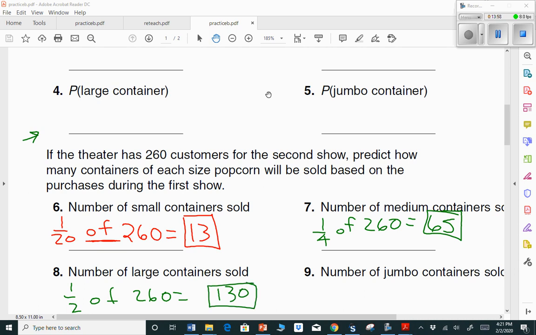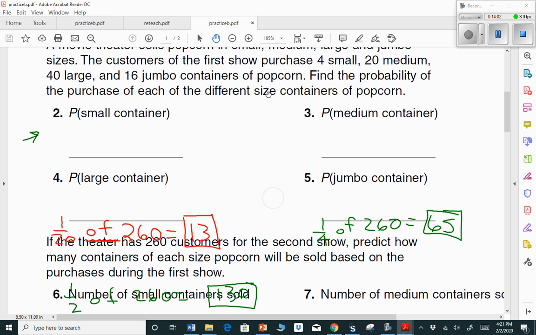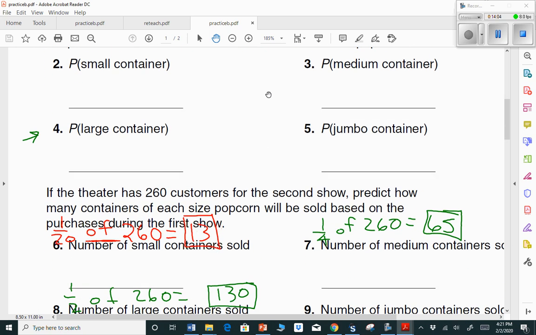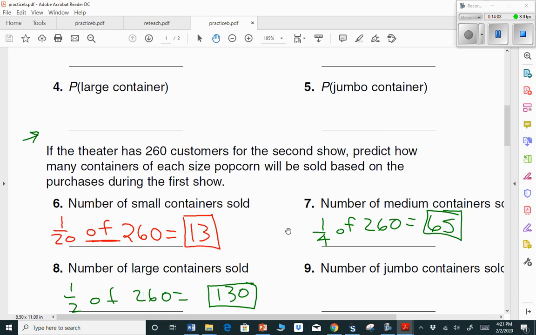And the jumbos, what was that one? The jumbos were 16 out of 80, which was 1/5. And you can put that in 1 fraction key 5 times 260 should equal 52.